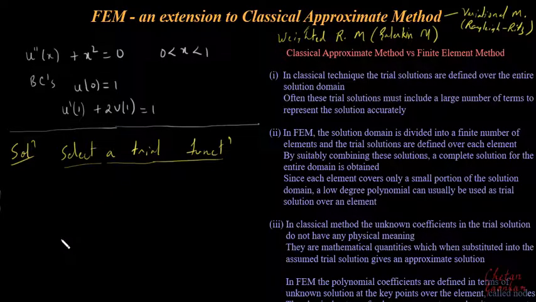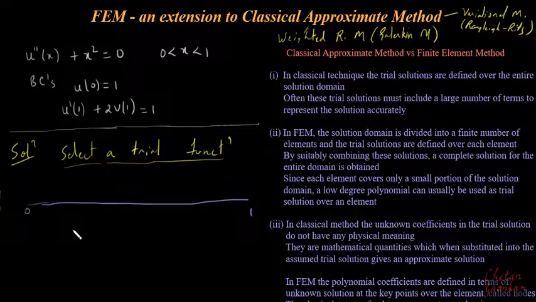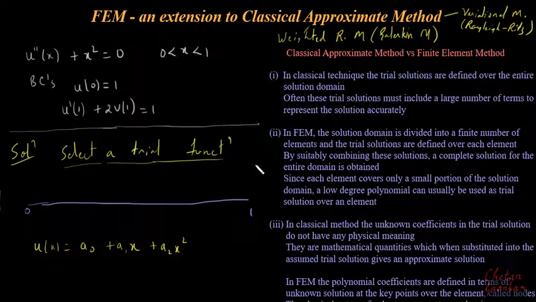For example, we have this problem, and our domain here is from 0 to 1. If I'm choosing the trial function, it would have been u of x equal to a naught plus a1 x plus a2 x square in the case of any of the classical approximate methods.